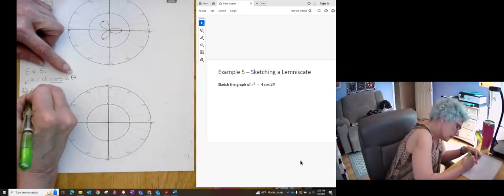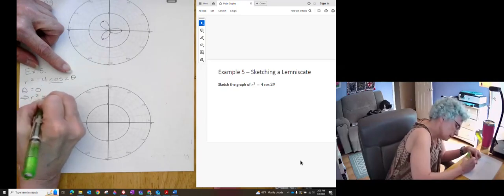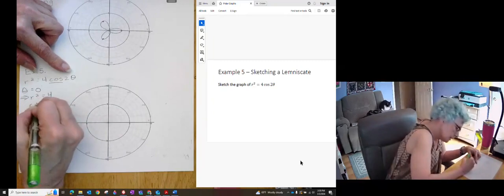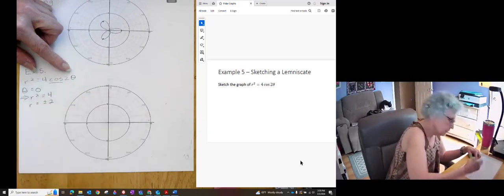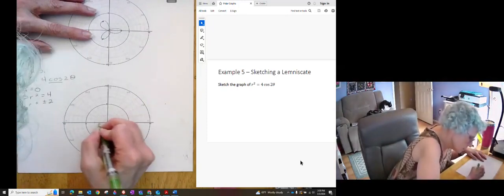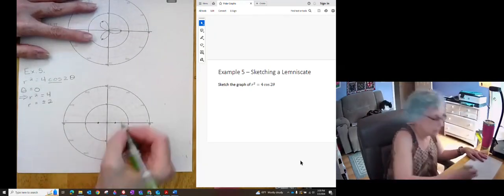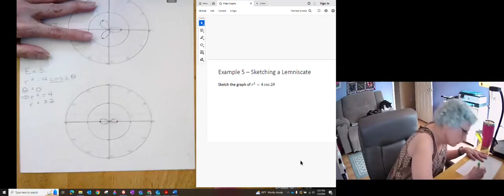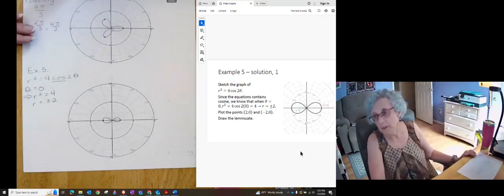So theta equals 0, then r squared is equal to 4. So r is equal to plus or minus square root of 4, which is 2. So 2, I know what it looks like. Infinity. There's the pretty answer.